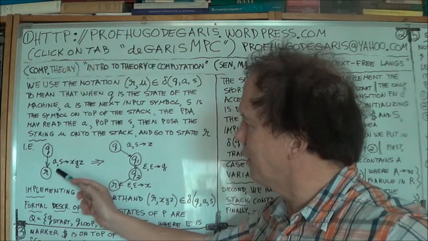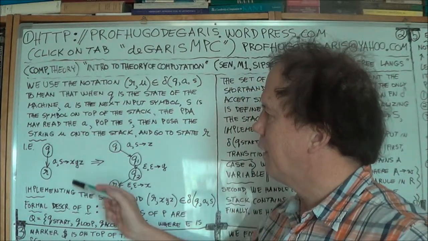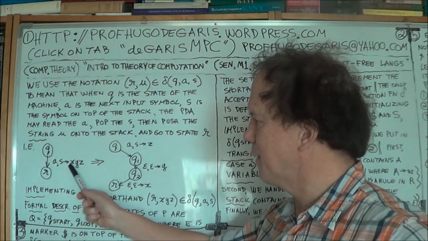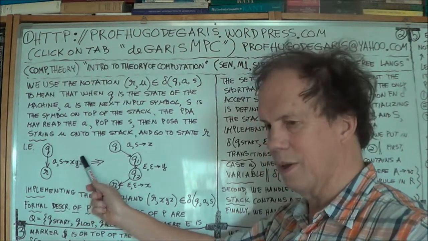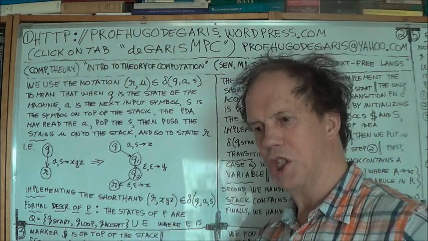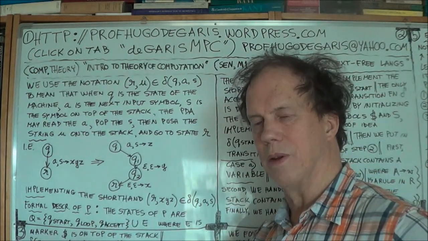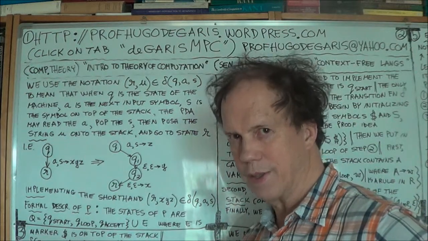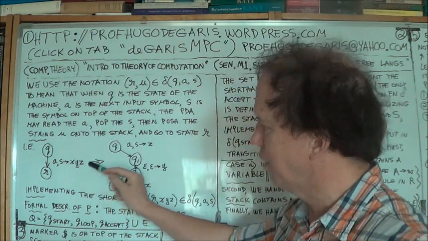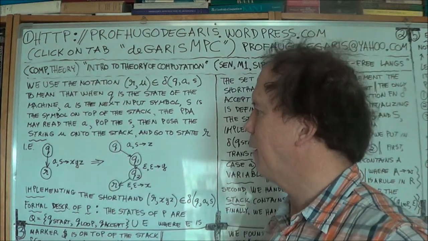Okay, and the label is now, instead of having a single symbol here, like we've done, which is when you push a single symbol onto the stack, we've got a string. You could write a string here, whatever it is.